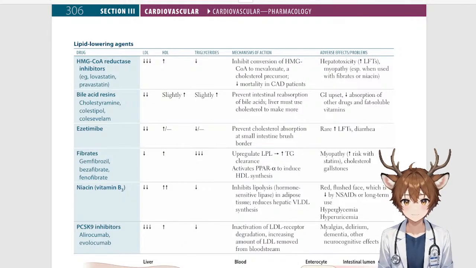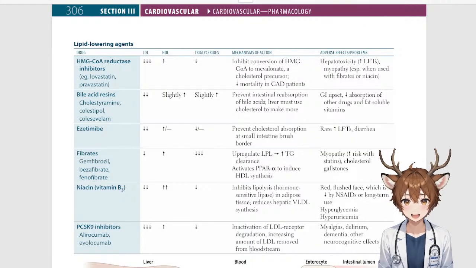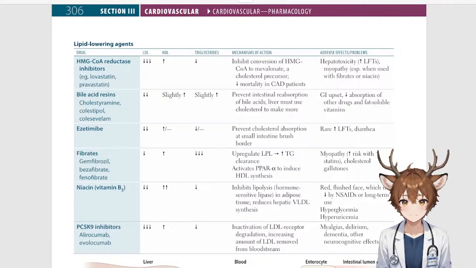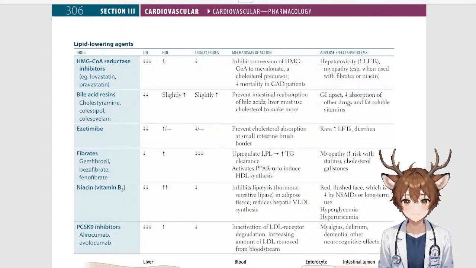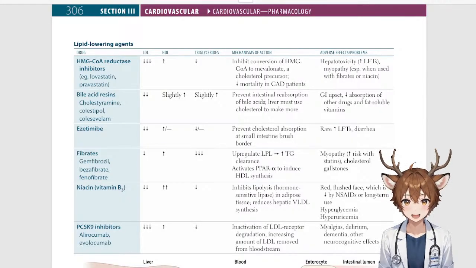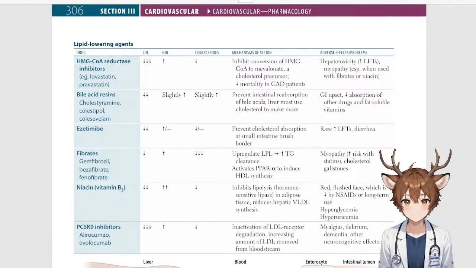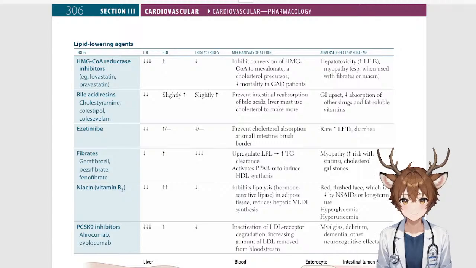So anyway, statins cause a significant reduction in LDL, and they cause some modest increase in HDL. They cause a decrease in triglycerides. The mechanism inhibits the HMG-CoA reductase, which is going to cause a decrease in cholesterol synthesis, because that's the conversion of HMG-CoA into, I think, mevalonate, which is mevalonic acid. And that's one of the major steps, I think the rate-determining step, in the process of synthesizing cholesterol in the body.